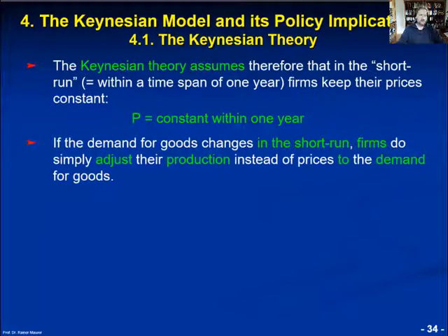If the demand for goods changes in the short run, firms simply adjust their production instead of prices to the demand for goods.